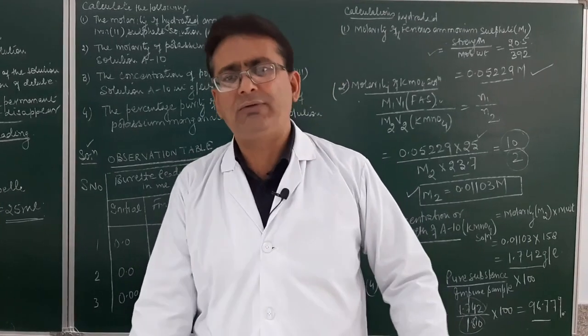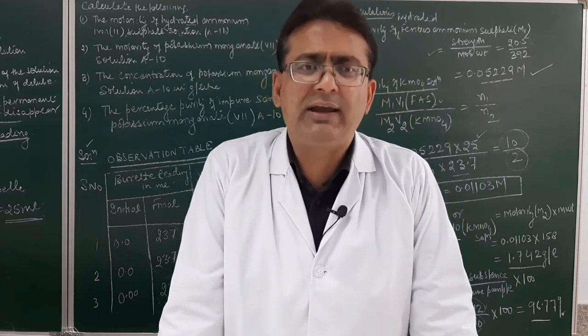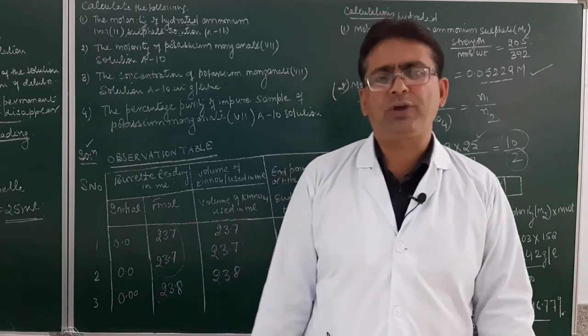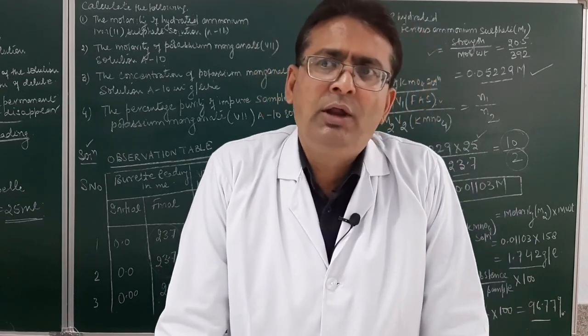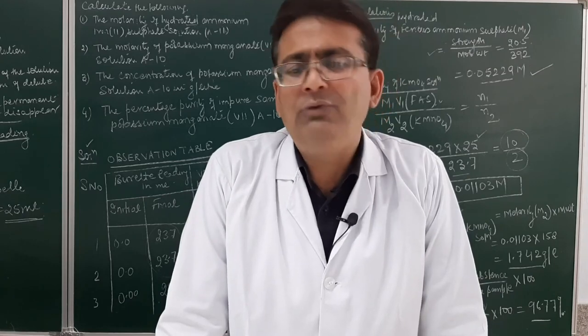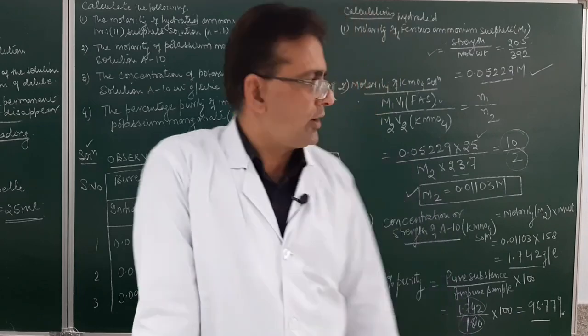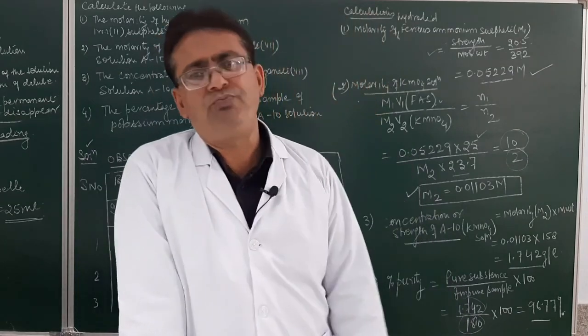So hopefully you have understood experiment number 2, which was again the titration of KMnO4 versus ferrous ammonium sulphate. In this titration, we have done with you two types of calculation. In one calculation, we determine the molecular mass and water of crystallization. In the second kind, we determine the percentage purity.